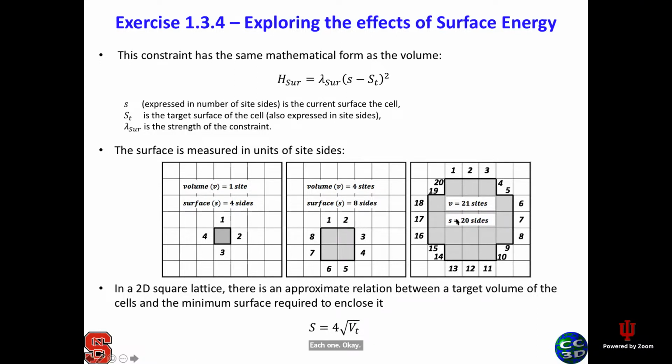And if your cell has now 21 sites, sorry, sites and sides are very similar. Or 21 pixels. Let's use pixels here. Then the cell will have actually 20 sides around it, okay?